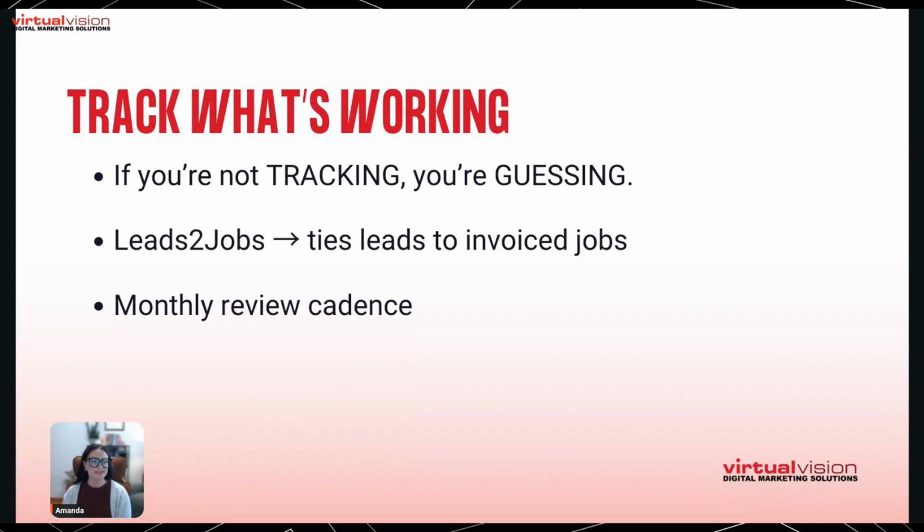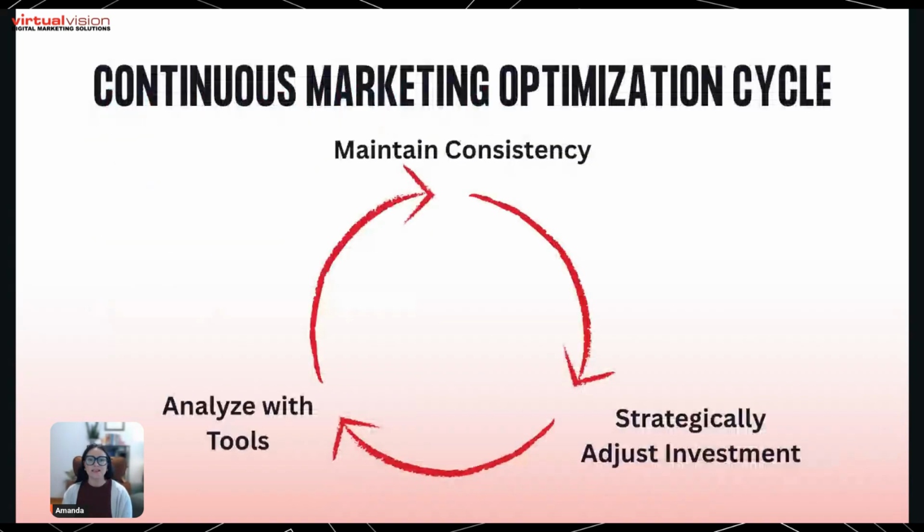I'm actually going to skip ahead quick to a slide I was going to note at the end, but I think it's important to note that marketing really is not a set it and forget it mentality. Continuous optimization in marketing is how a CEO should look at what's happening. After you audit, you have to understand you're not done.